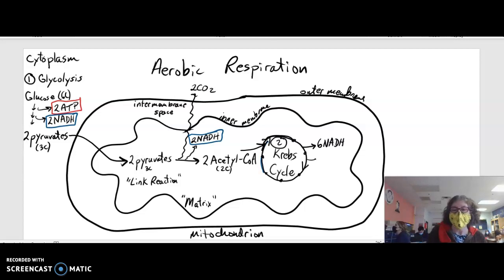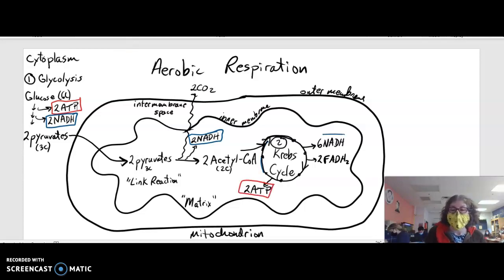We make some of those, and we also reduce this other electron carrier that's also there. We also do make a little bit of ATP, not very much. We get 2 ATP, 2 more. And I'll also outline that in red so we keep track of it.